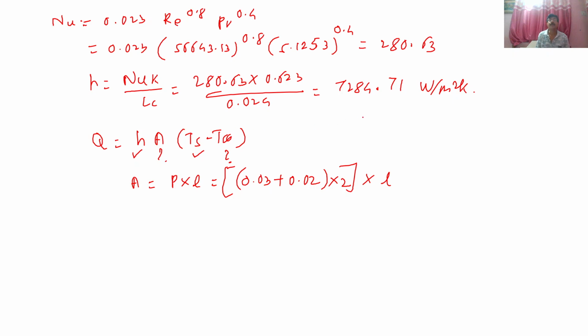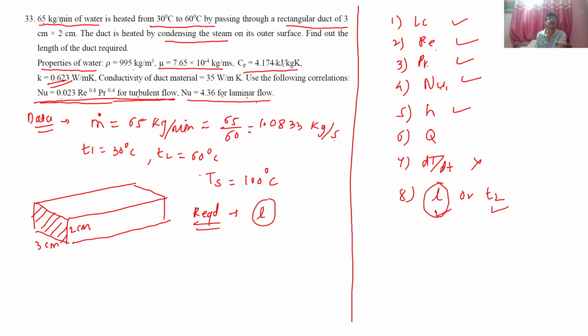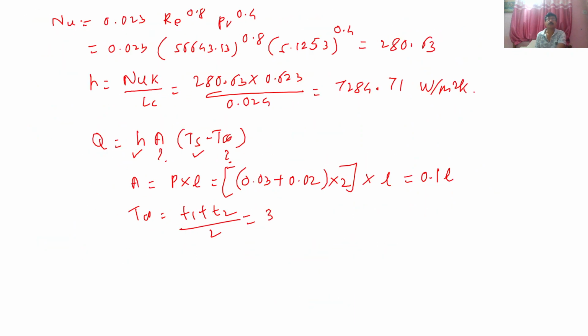So 0.1 L. This answer turns out to be 0.1 in terms of L. Okay, 0.1 L. And what is T infinity? T infinity is the entry and exit average temperature in case of flow through duct. So T1 plus T2 upon 2. What is T1? 30 and T2 is 60. So 30 plus 60 divided by 2, it comes around 45 degrees Celsius. So T infinity is there.